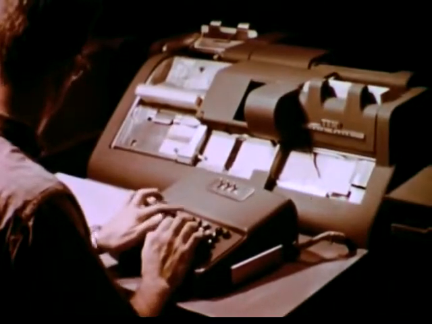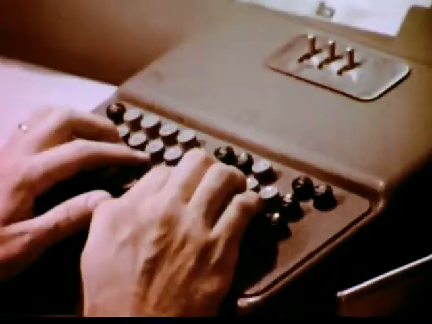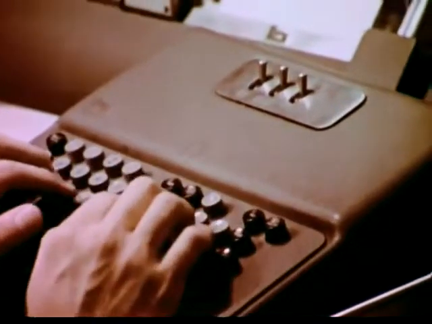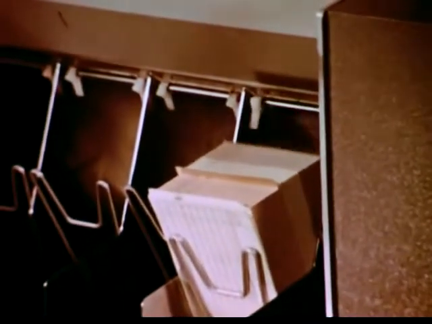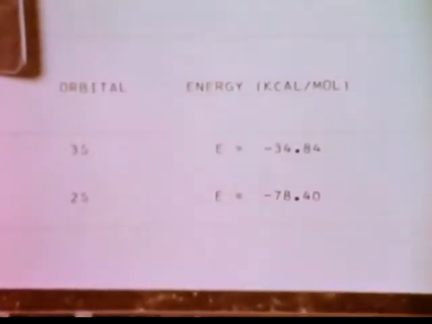This high-speed computer simplifies the task of carrying out the calculations. The equation is punched onto cards and fed into the computer together with instructions on how to solve it. The computer then rapidly solves a problem that is tedious if done by hand. When the calculations are completed, the machine types out the energy values.